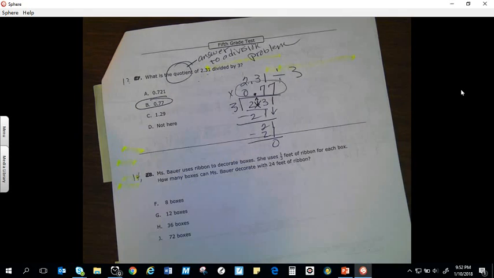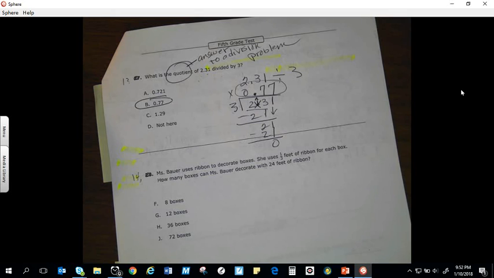So here's my answer right there. Pretty straightforward. If you follow and do the arrows, what I am doing, I'm guaranteeing you to have an answer accurate all the time. Please take the time to show exactly what you're doing so your brain is understanding it.